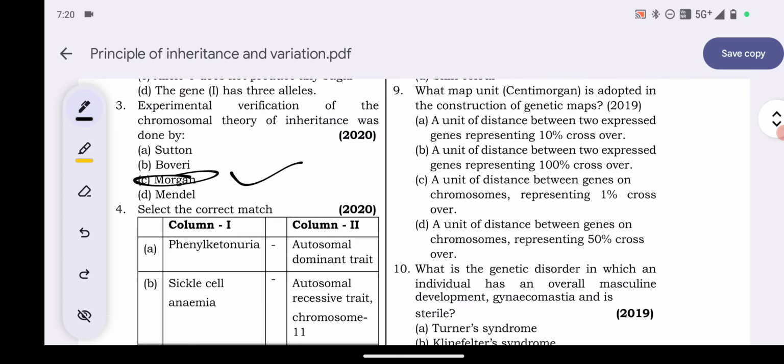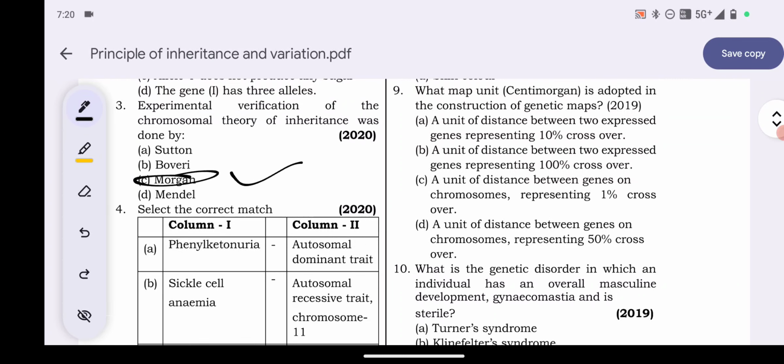Morgan's research with the microscopic fruit fly Drosophila melanogaster led to the discovery of the genetic foundation for sexual reproduction variety. Law of inheritance was given by Mendel, and Sutton and Boveri proposed the chromosomal theory of inheritance. So the answer will be option number C, Morgan, T.H. Morgan.